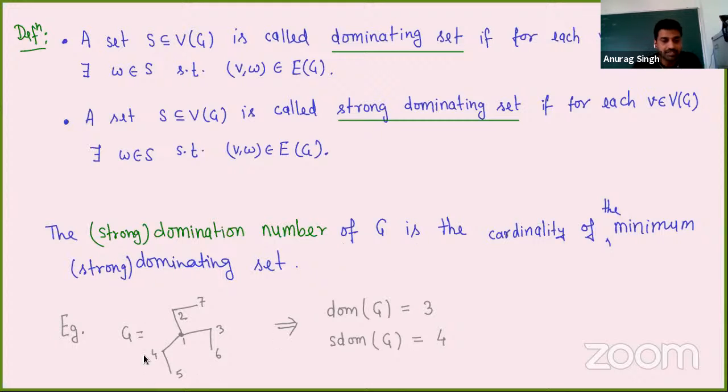For example, for this graph on the left, the domination number is 3 because you can take 2, 3 and 4, which will dominate the whole graph. The strong domination number of this graph is 4. You can check that if you take 2, 3, 4 and 1, this is strongly dominating, but anything smaller than 4 will not strongly dominate this graph.